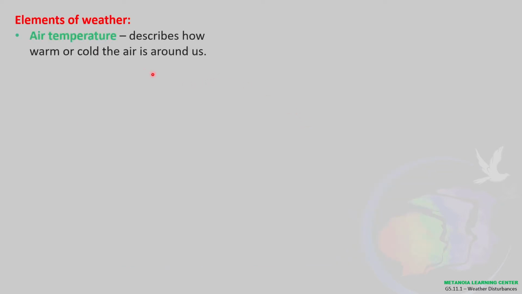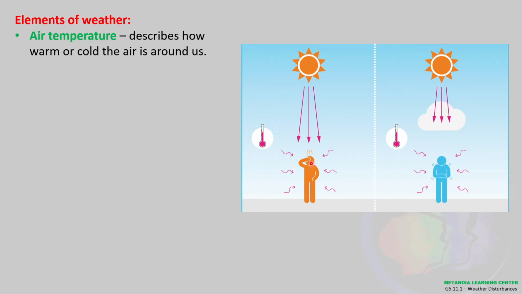Elements of weather. Air temperature describes how warm or cold the air is around us. So, depende kasi yan, no? This refers to how the heat of the sun affects the environment natin, because even if we live in different places, the air temperature around us is different.